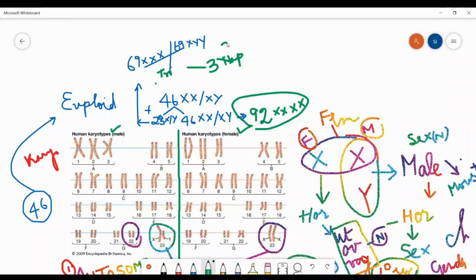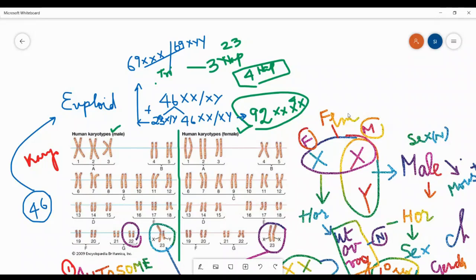Haploid is 23 chromosomes. So 3 haploid sets form 69 plus 3 sex chromosomes, whereas 4 haploid sets form 92 plus 4 sex chromosomes. Okay, so this is an important concept called polyploidy.